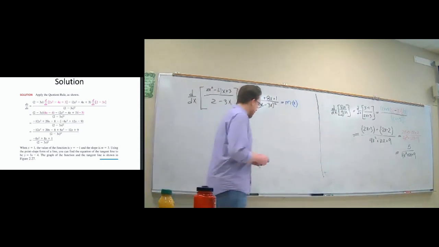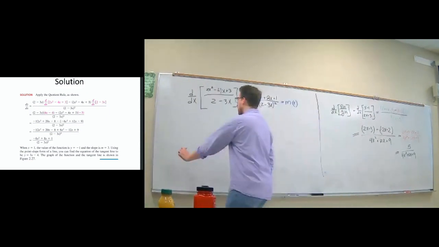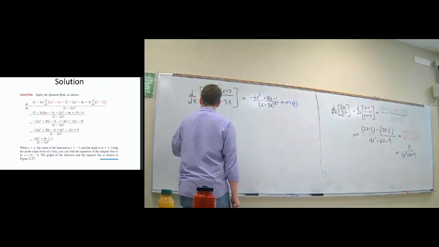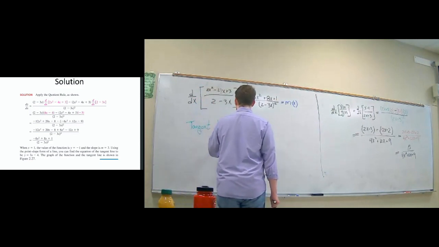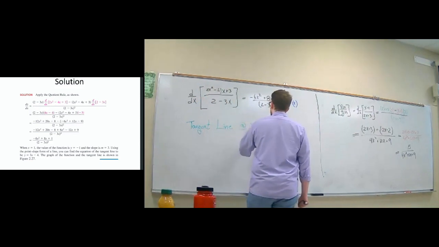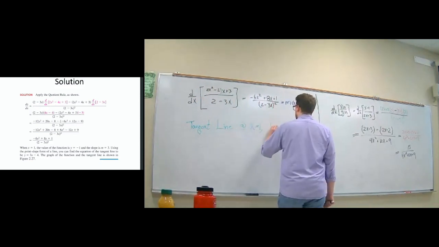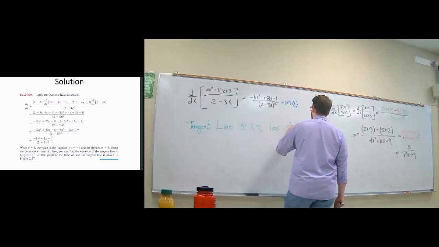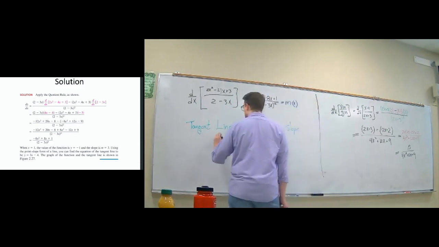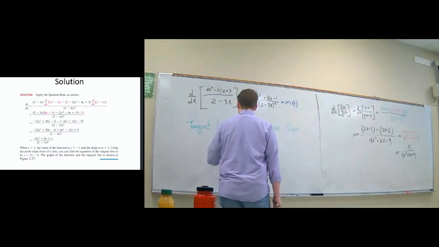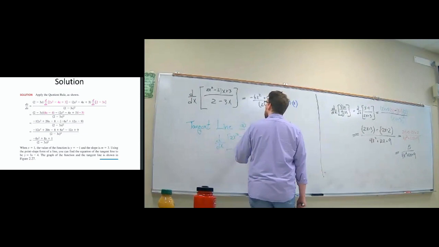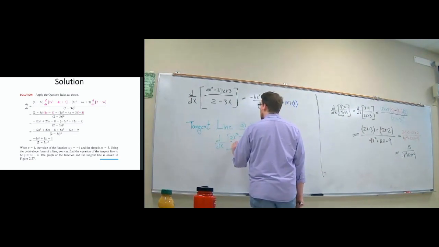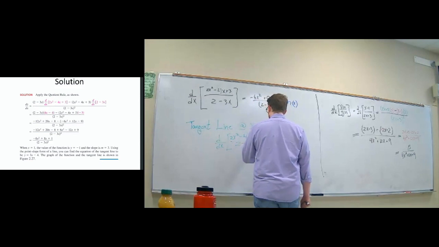Now we're going to say, all right, the tangent line at x equal to 1 has slope d/dx of our function, 2x squared minus 4x plus 3 divided by 2 minus 3x, at x equal to 1, right?